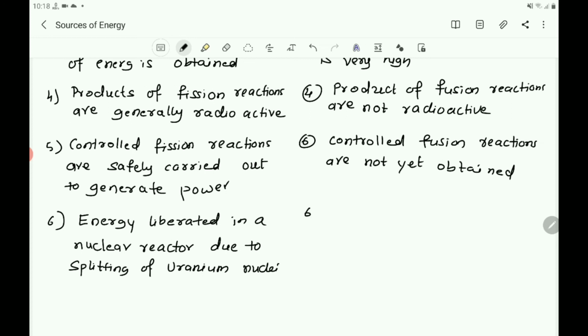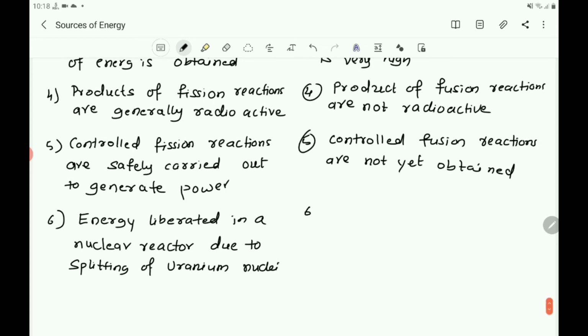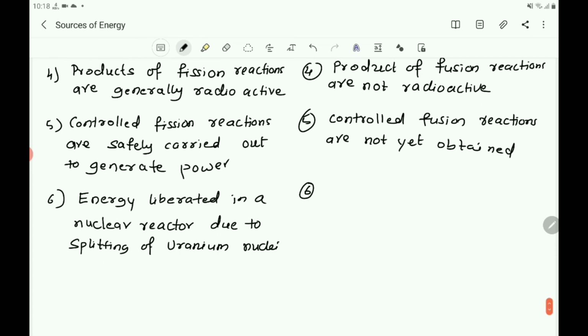Then here you take, example is energy liberated in the sun or explosion of hydrogen bomb due to fusion of hydrogen nuclei. In the sun, the energy is liberated due to the fusion of hydrogen, and in the hydrogen bomb also energy is liberated due to fusion of hydrogen nuclei.